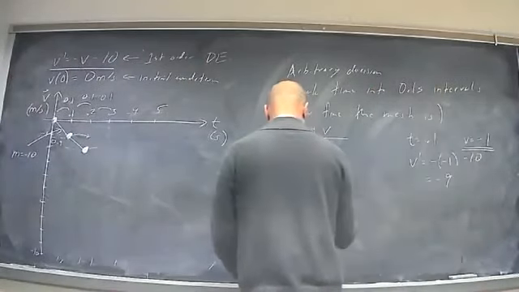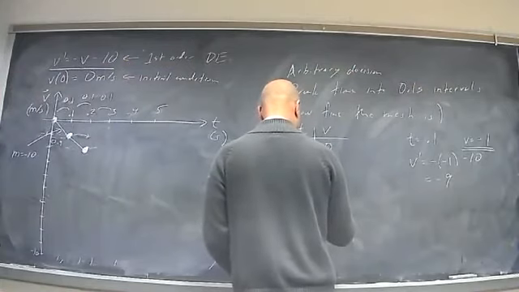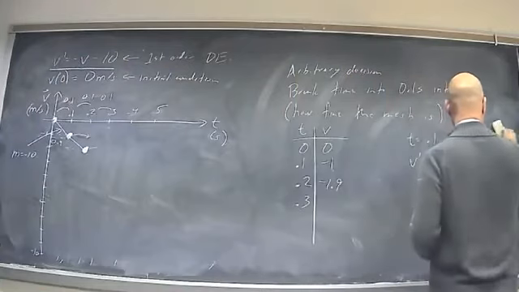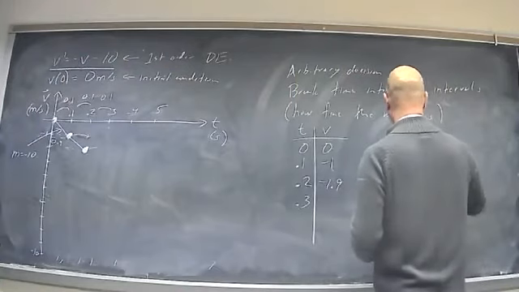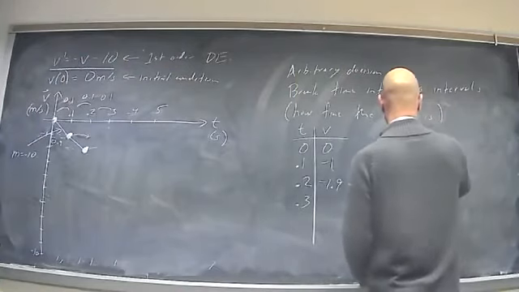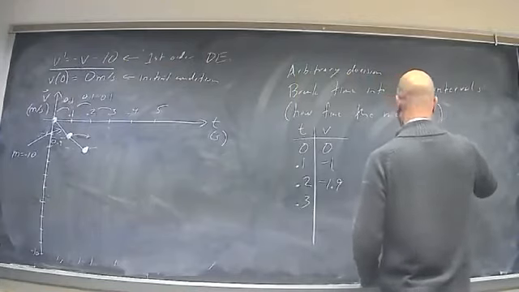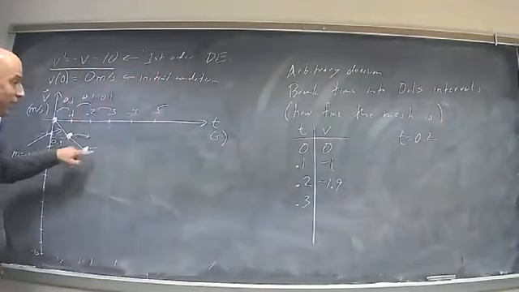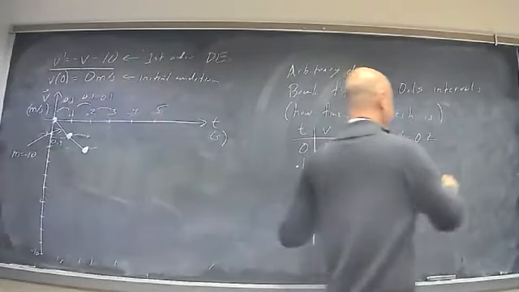So I'm trying to figure out ultimately what my velocity is after 0.3 seconds. At t equals 0.2, my velocity we said was -1.9.